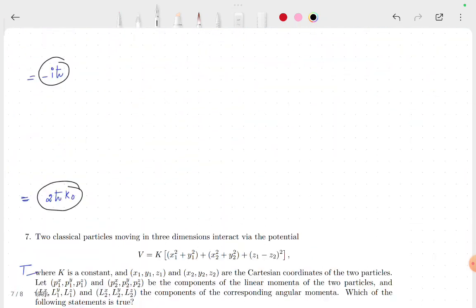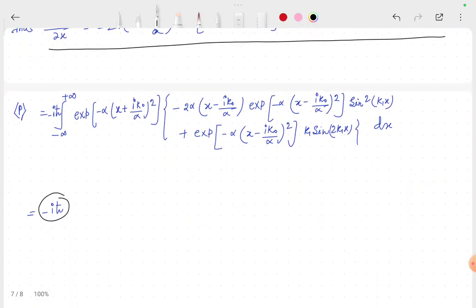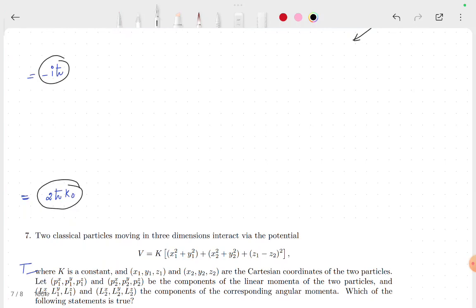You just play with the integrations, step by step, from this line to this line, and then you get the solution 2 h cut upon k naught. This is your homework part. Please do it.